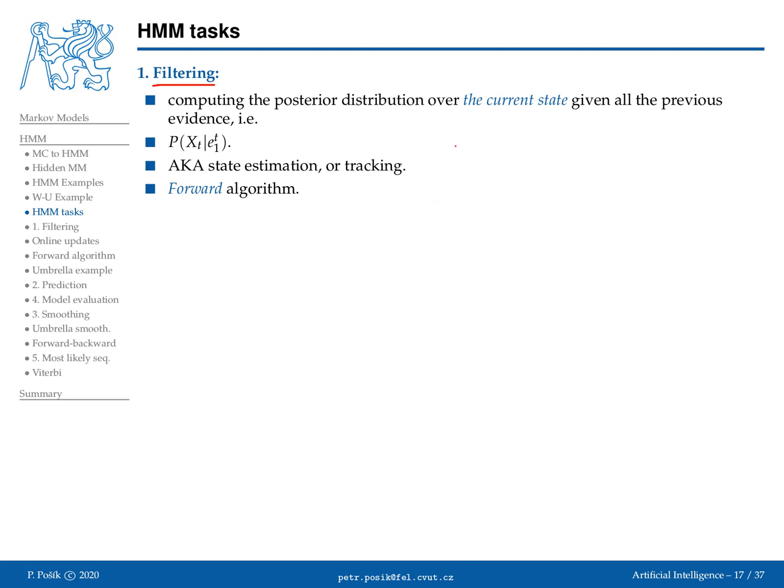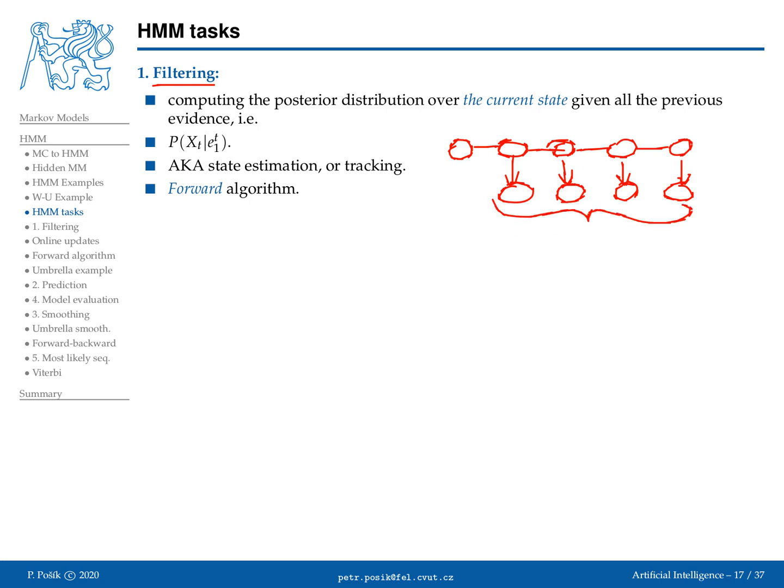Filtering is this kind of thing. You have this sequence of hidden states, and you have these observations. This is the sequence of particular observations from time 1 to time t. Based on these observations, you want to model or estimate the probability of the hidden variable at time t given all these observations.